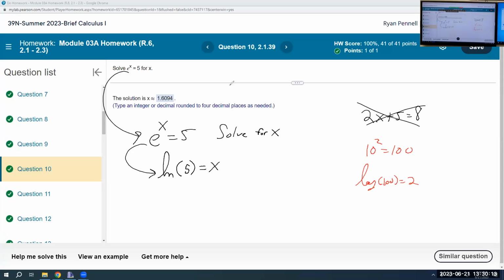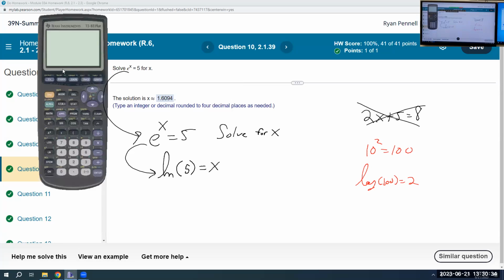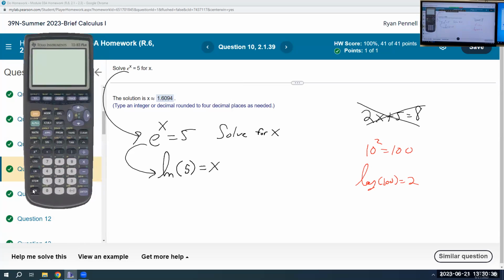But then MATLAB comes and tells me, type an integer or a decimal rounded to 4 decimal places as needed. So it's not going to be happy with me if I type in ln of 5. I would be happy if you wrote that down for me, but it's not going to be so happy. So I'm going to call upon my calculator and evaluate this.